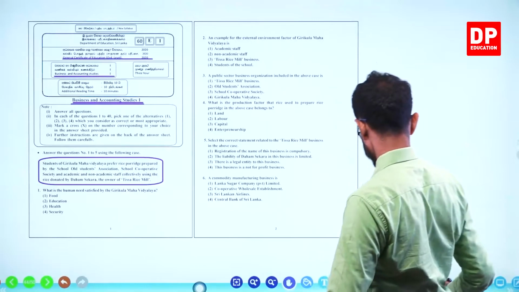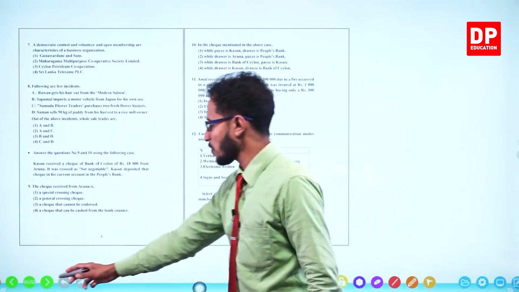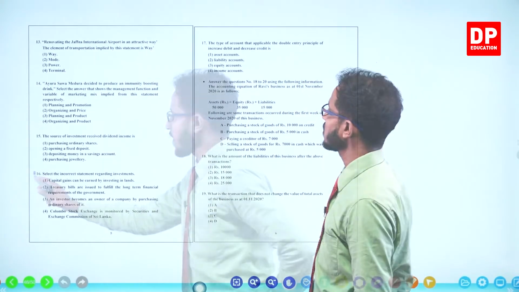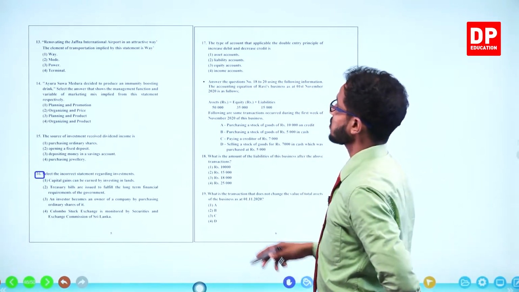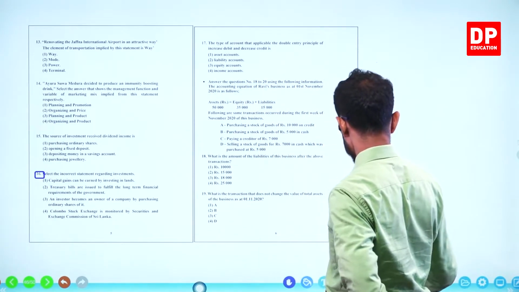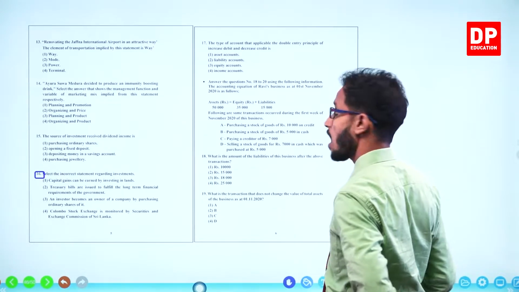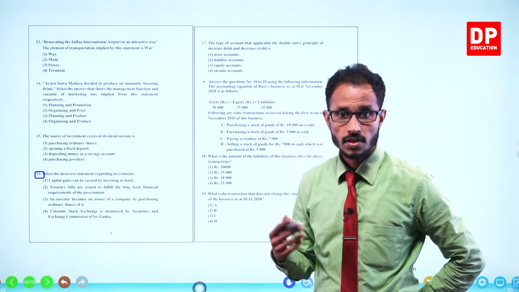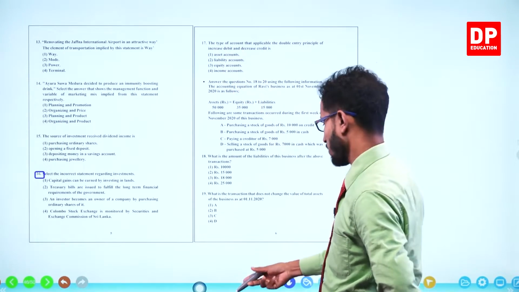And the paper goes on up to the 16th question. All the questions are from the business studies part of your syllabus. From the 17th question up to the 40th, you have the accounting questions.